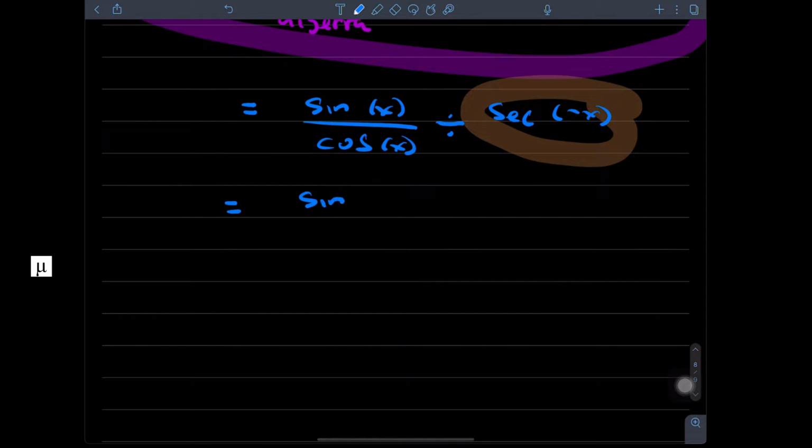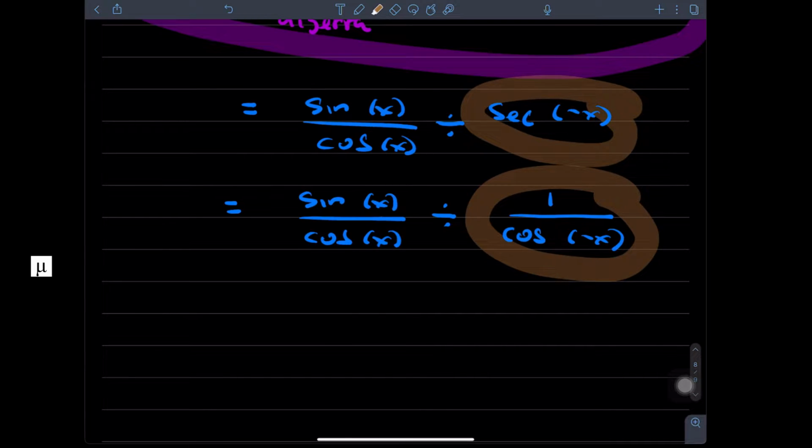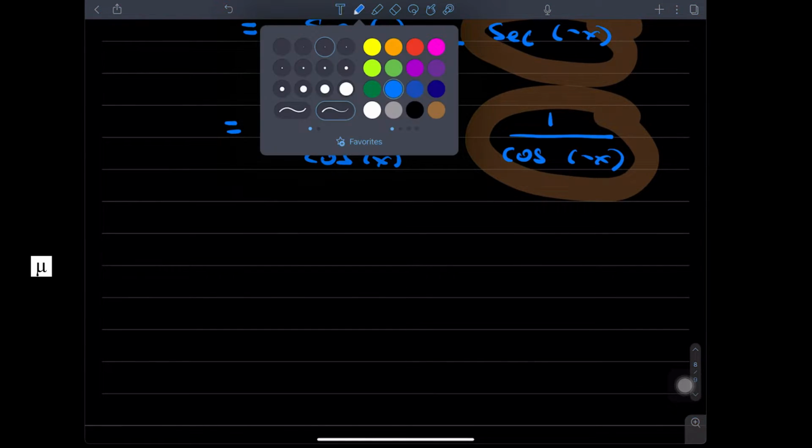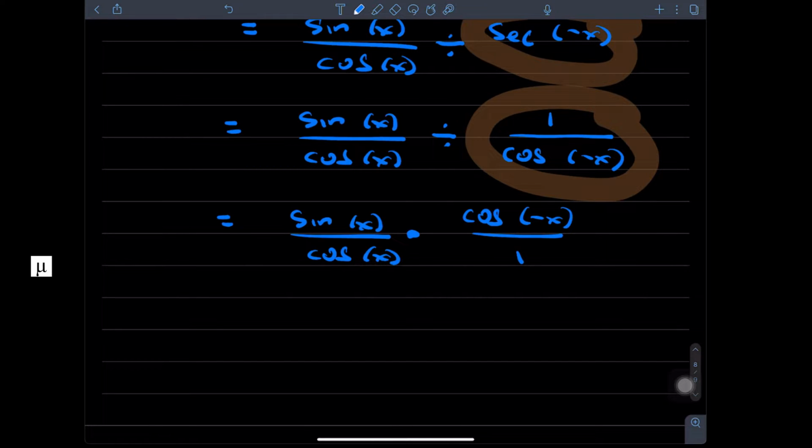Yes, I can say sine over cosine divided by 1 over cosine minus x. Is that true? Dividing fractions. You guys know about this. This is what? Sine over cosine times the reciprocal. Cosine over what? 1.